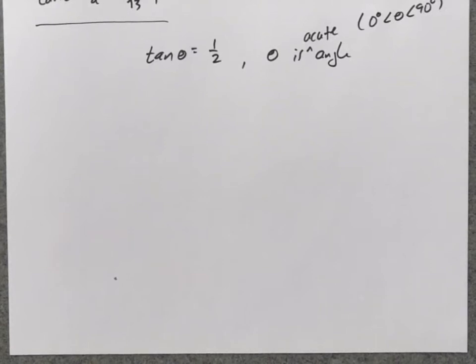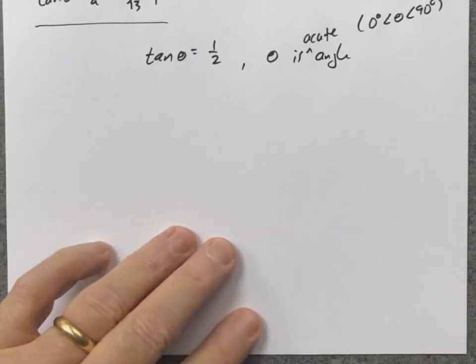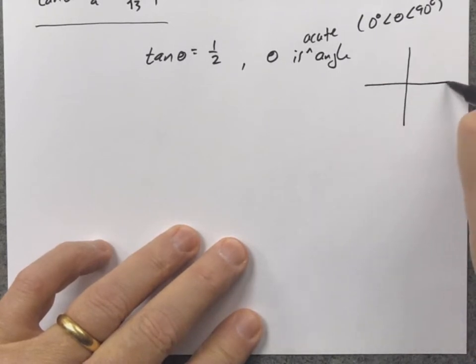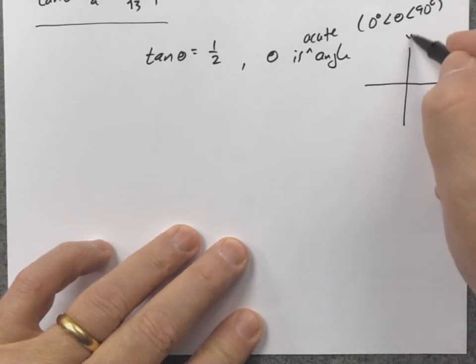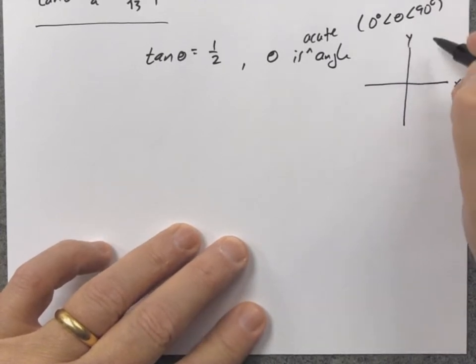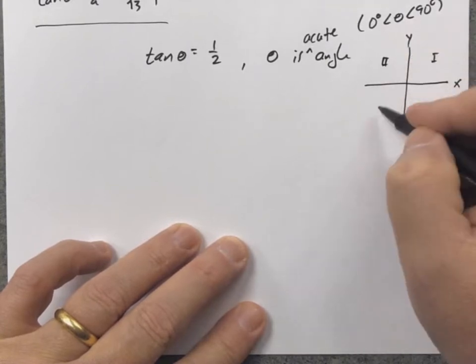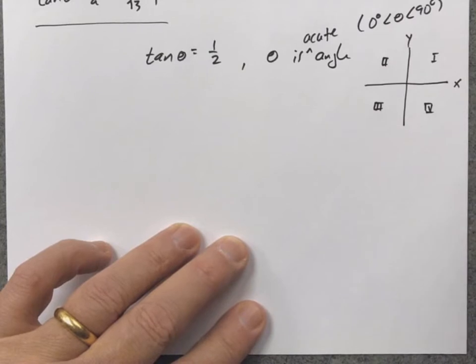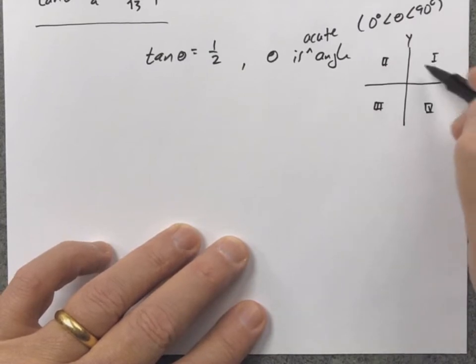Matter of fact, now's the time maybe to just do a quick reminder of, when we're talking about angles on top of the XY coordinate system, we break this up into quadrants, right? This is quadrant 1, quadrant 2, quadrant 3, quadrant 4. And a lot of times you like to think of the signs, the positive and negative of x and y in each quadrant.